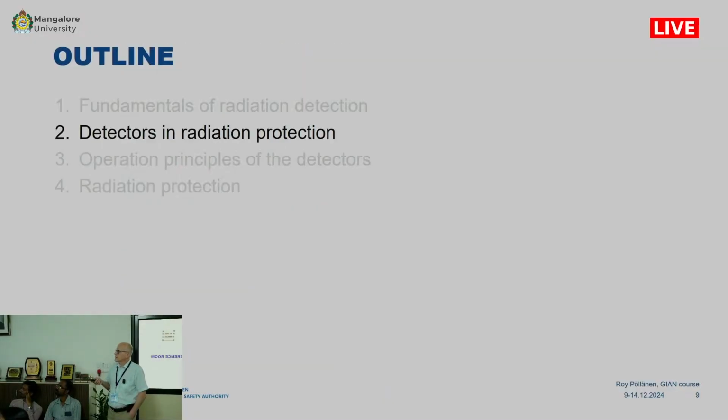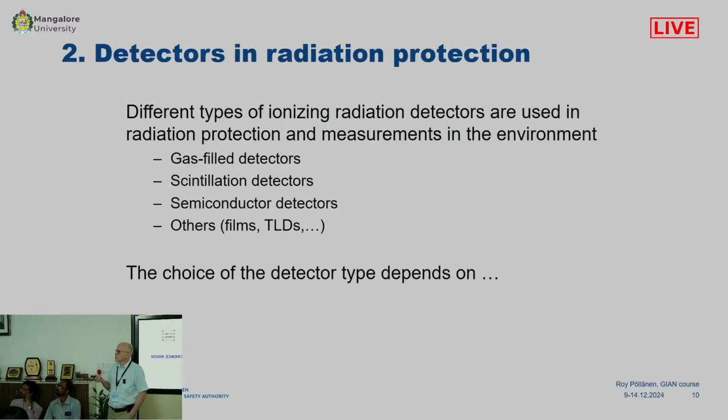Okay, let's go through detectors. Different types of ionizing radiation detectors are used in radiation protection and also in measurements in the environment. There are gas-filled detectors, scintillation detectors, semiconductor detectors, and a lot of other types of detectors.